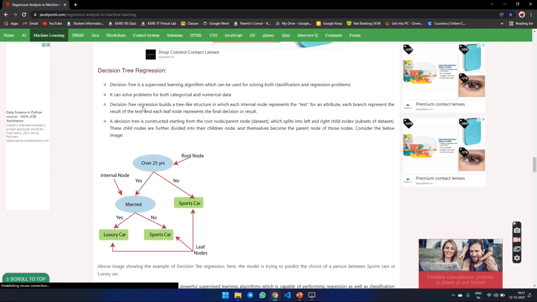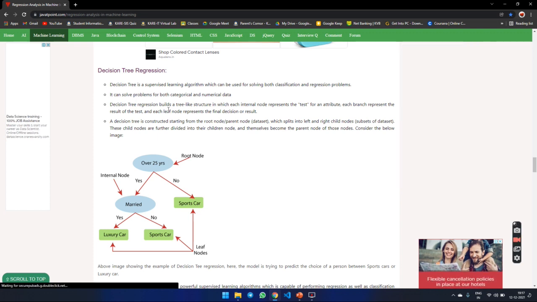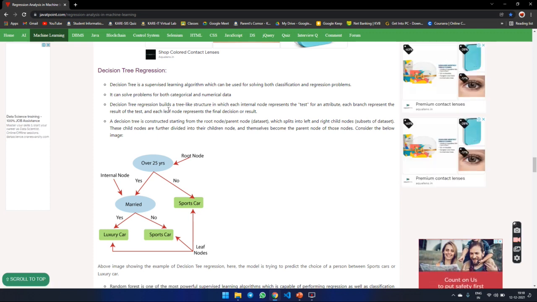The decision tree regression builds a tree-like structure in which each internal node represents a test on an attribute, each branch represents the result of the test, and each leaf node represents a final decision or result. A decision tree is constructed starting from the root node or parent node, whose dataset is split into left or right children nodes. Subsets are the subdata.